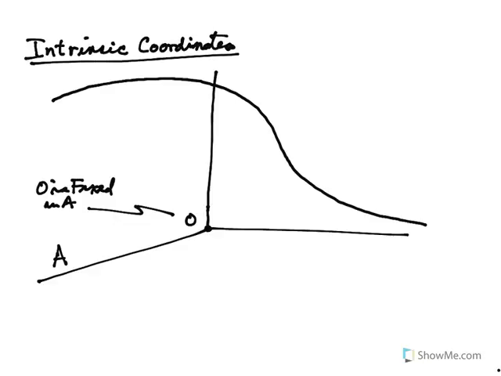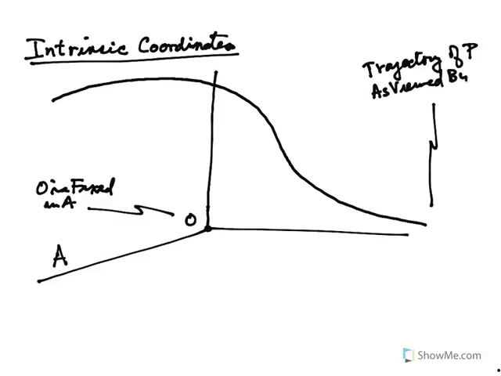This path is what is called the trajectory of point P as viewed by an observer in reference frame A.